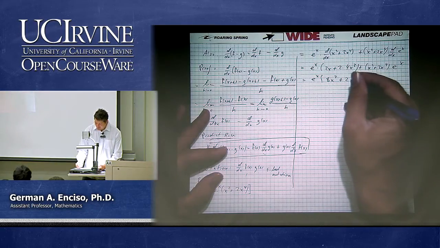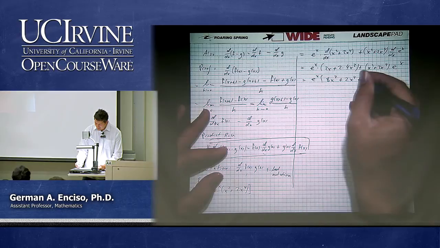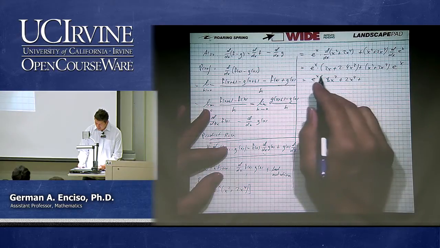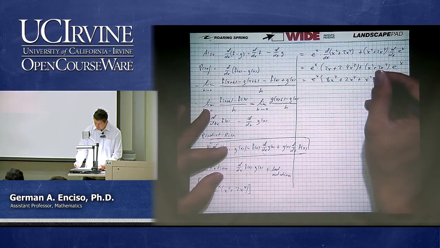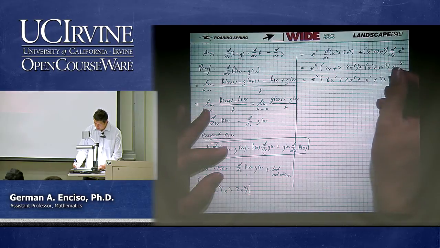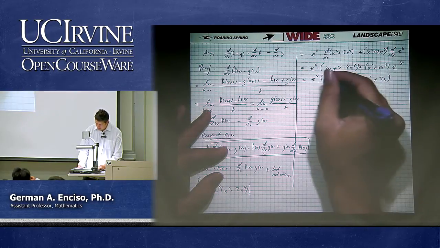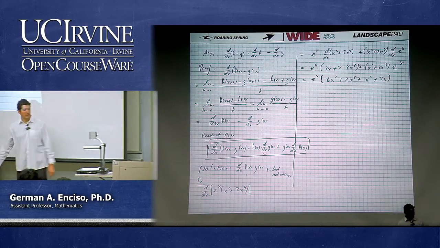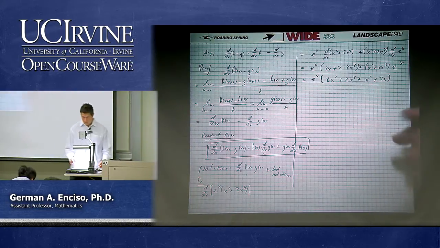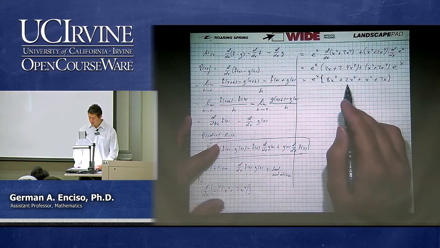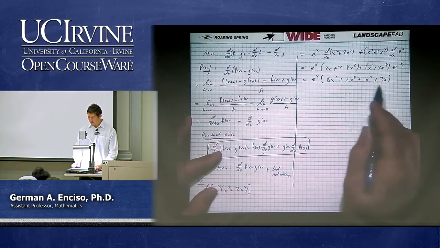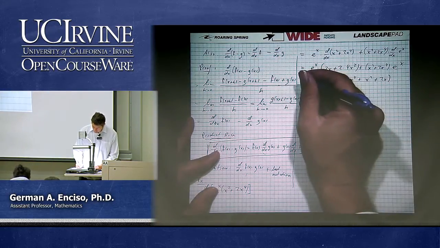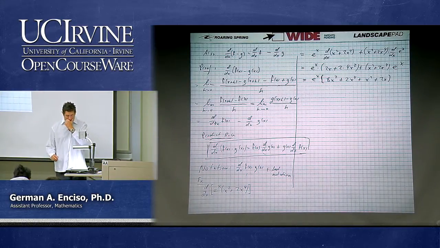So this is times 2x to the 4, sorry, plus, and then we have x squared plus 2x. Okay, all right. It would look slightly nicer as 2x to the 4 plus 8x to the 3 plus, but that's okay.